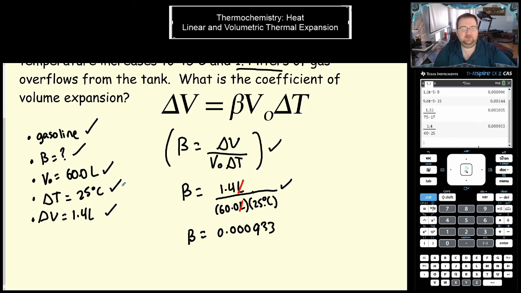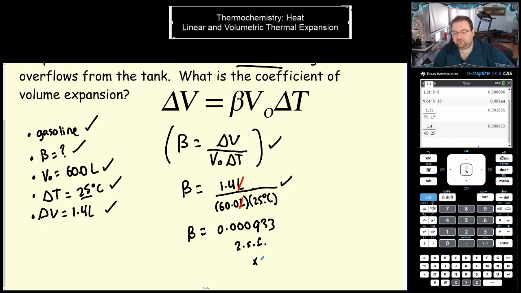Again, this has a maximum amount of 2 sig figs, and it's limited by the significant figures of the temperature, which only had 2, right? We, again, would prefer this to be times 10 to the negative 6 Celsius to the negative 1, because that's how our answers normally are going to be.